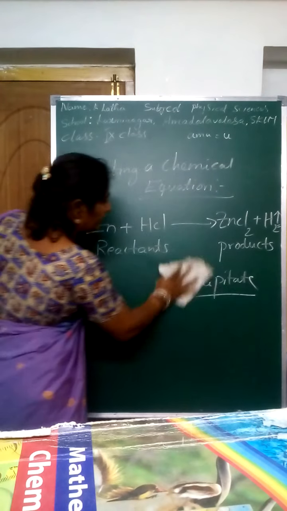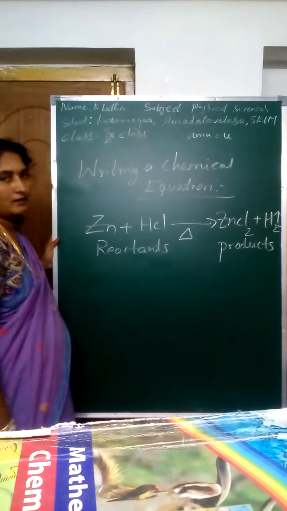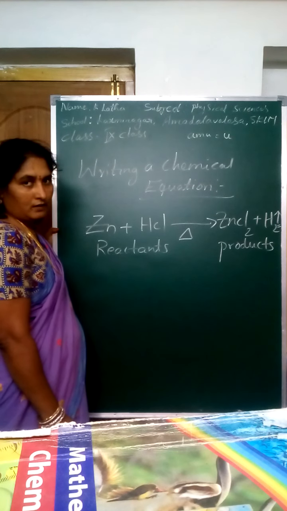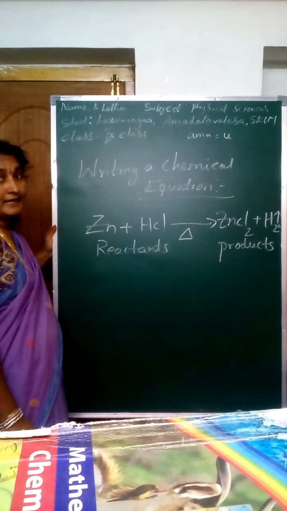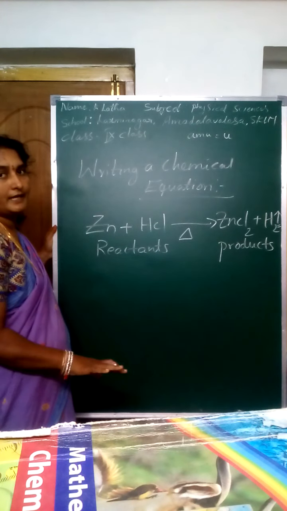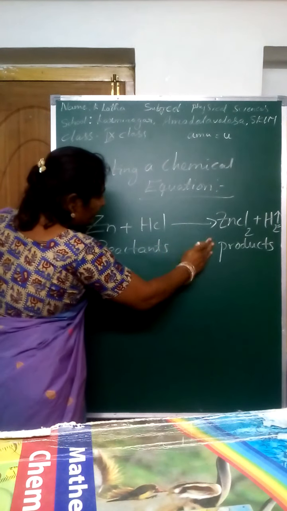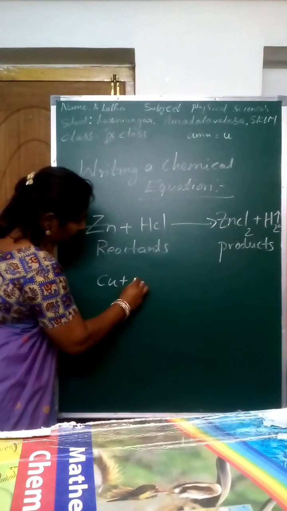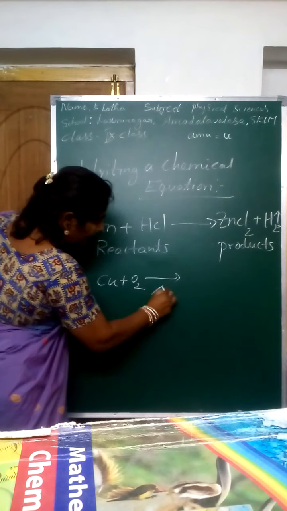Suppose you draw a triangle shape on the arrow. It indicates that heat is utilized, absorbed, that means you are heating that substance. One example: you take copper and react it with oxygen, then we have to heat it.